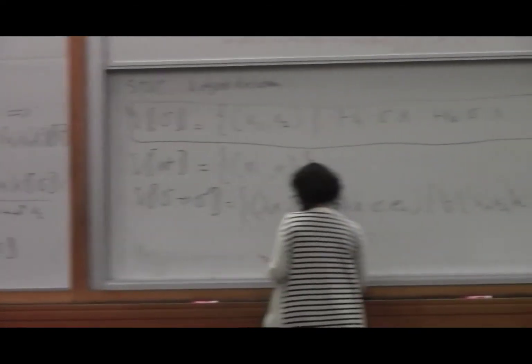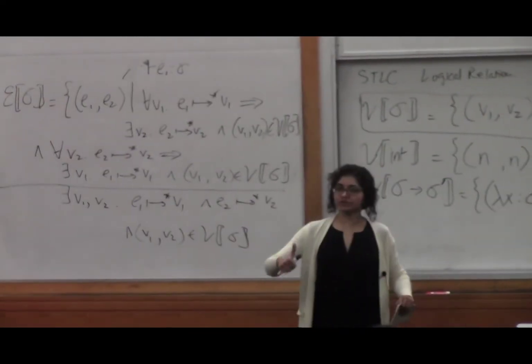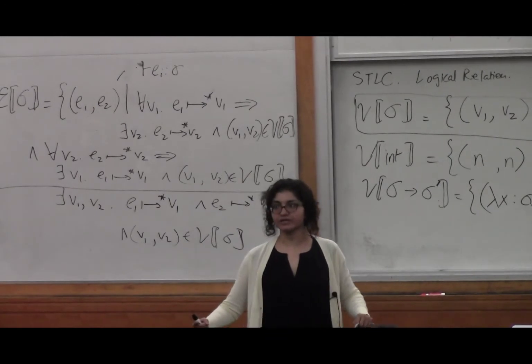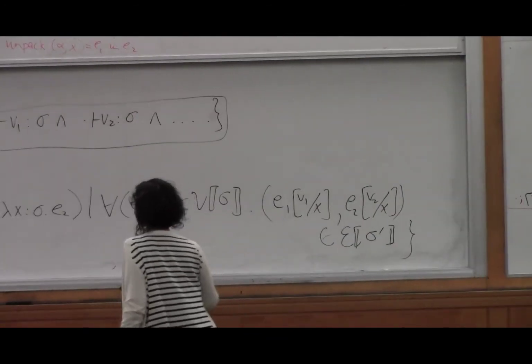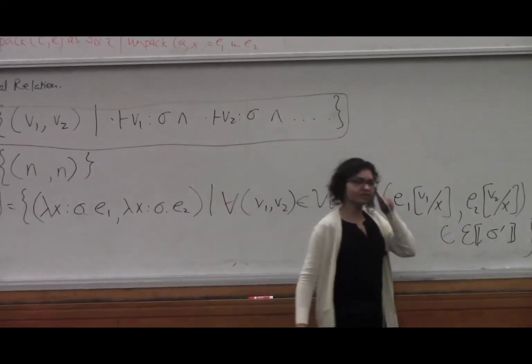Okay, so far I have told you when closed values are related and closed terms are related. But I want contextual equivalence. Contextual equivalence says when are two arbitrary open terms related?